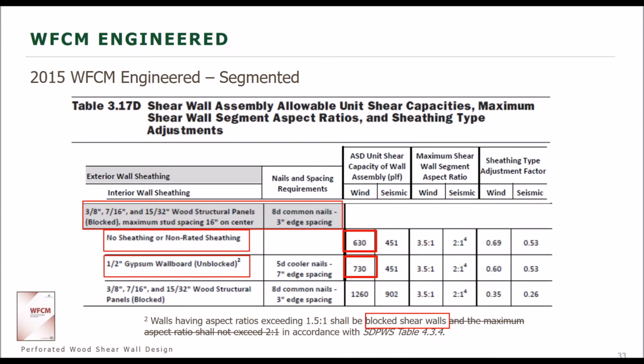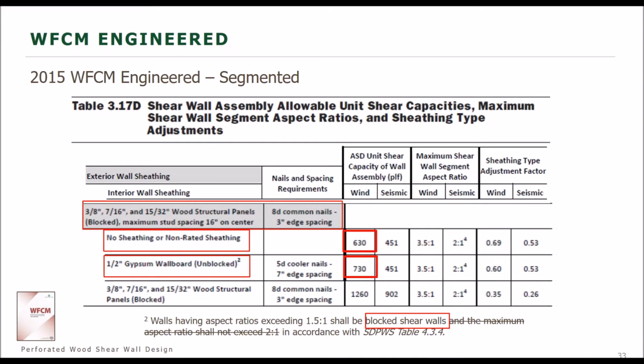So for our wall that we're using the contribution of the gypsum wallboard, we have an ASD unit shear capacity of 730 pounds per lineal foot. If we're neglecting the contribution of the gypsum, we see the wall has a capacity of 630 PLF.